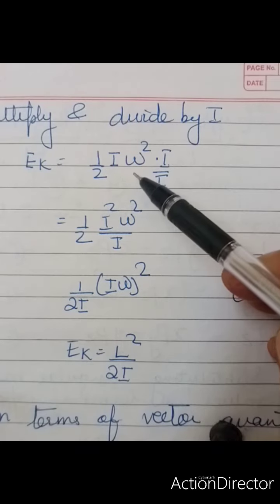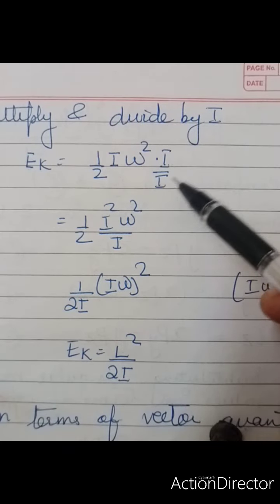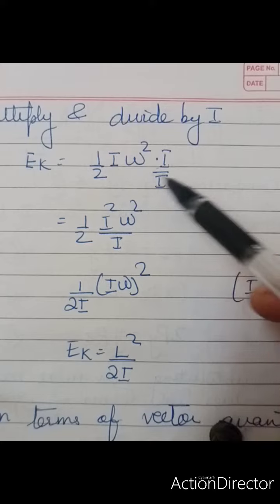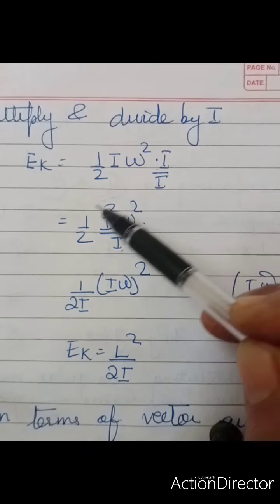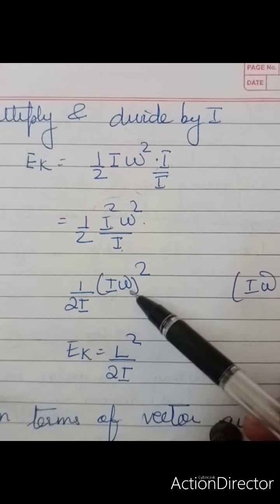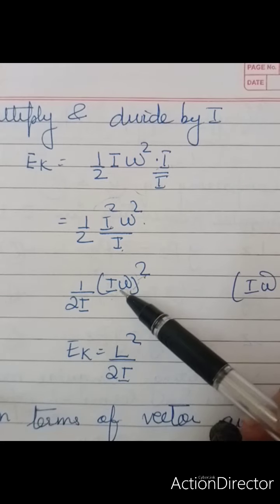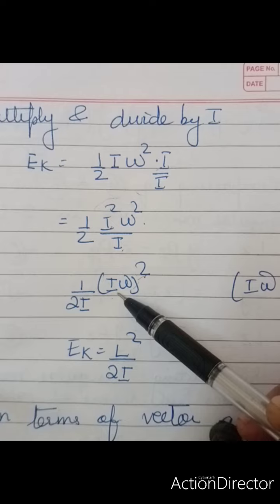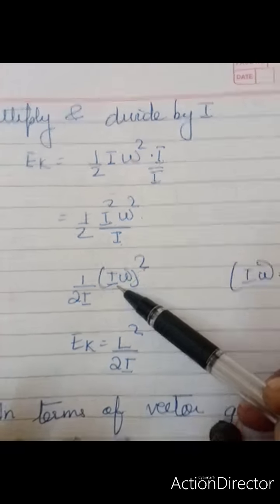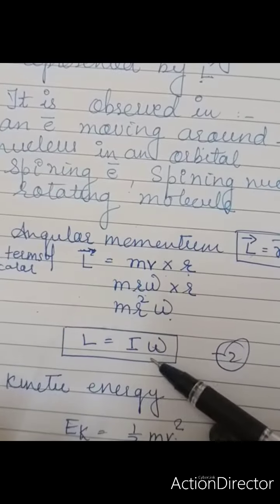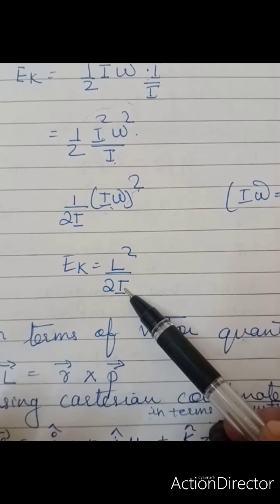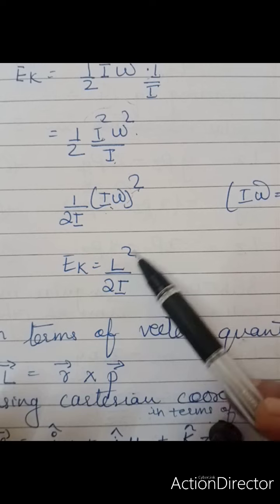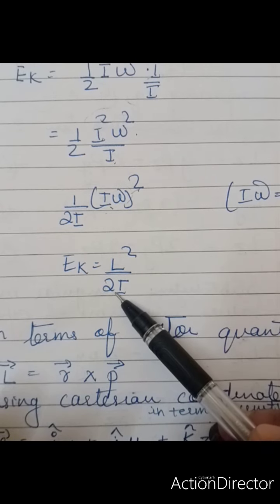Now we will be multiplying and dividing the equation by I. So this will be half I square omega square upon I. In this portion you can write I omega square. I omega we have just written in equation number 2, that is nothing but L, the angular momentum. So kinetic energy will be nothing but L square upon 2I.